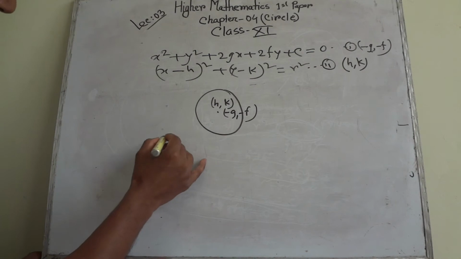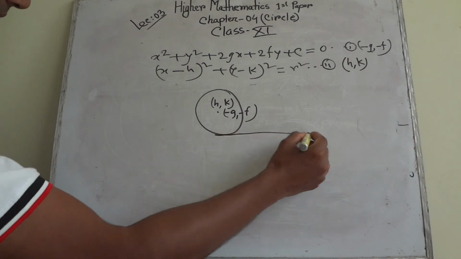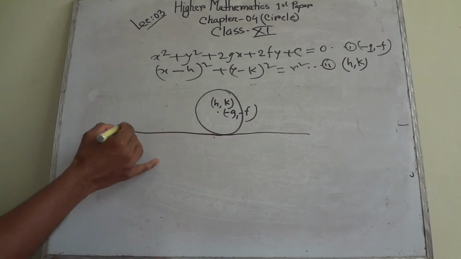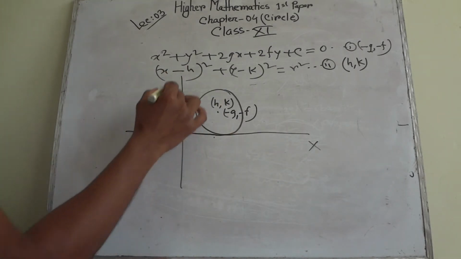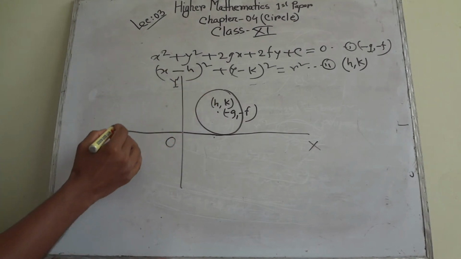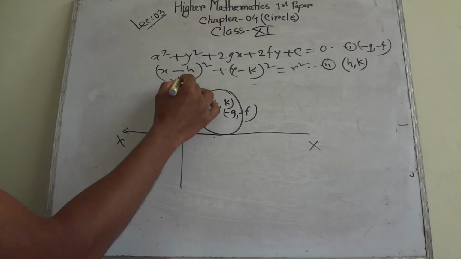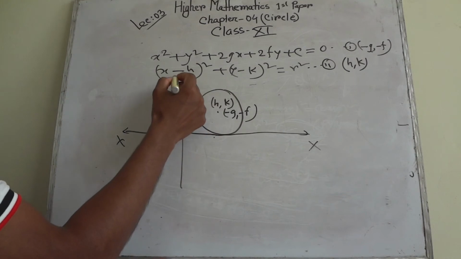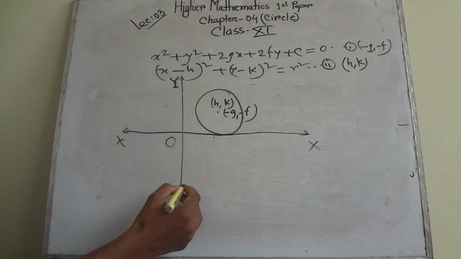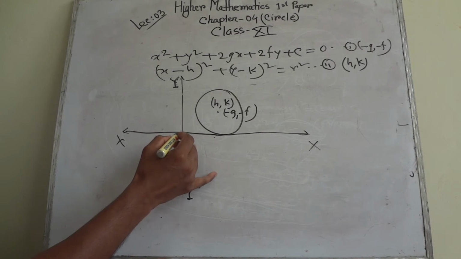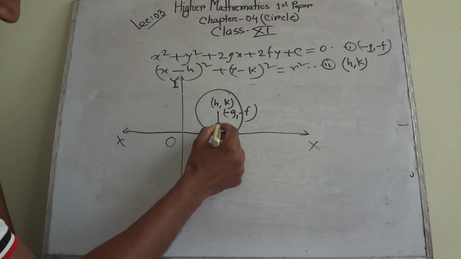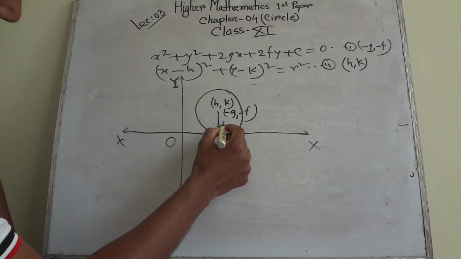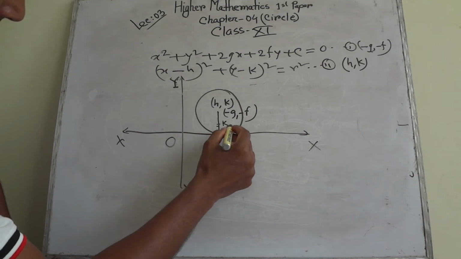If the circle touches the x-axis, this is the x-axis, origin, y-axis, x prime, y prime, origin, and from here to here this measurement will be what? k, that means the ordinate, or minus f.